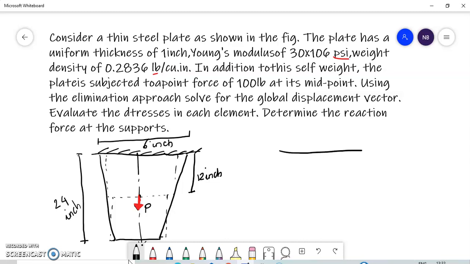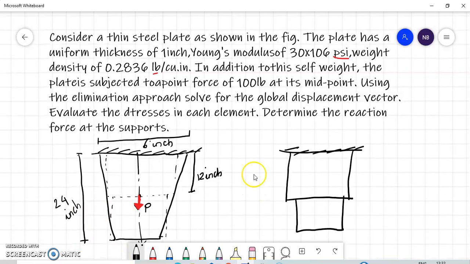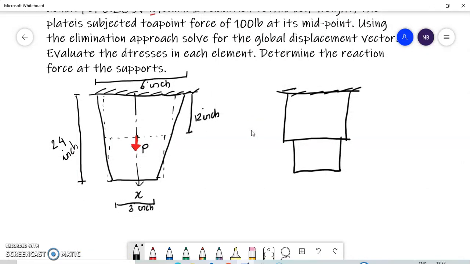It's going to look like a stepped shaft after the division of the elements. So this is what we have, and this is the axis. Each plate is 12 inches long.